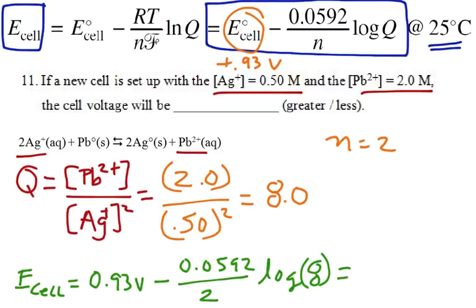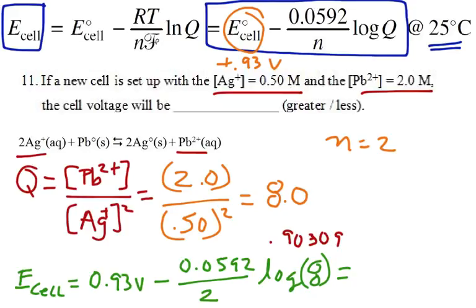For log of 8, I get 0.903089, that kind of a number. And when I multiply by 0.0592 divided by 2, I get this whole section being 0.0267.